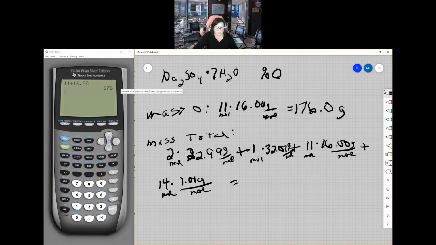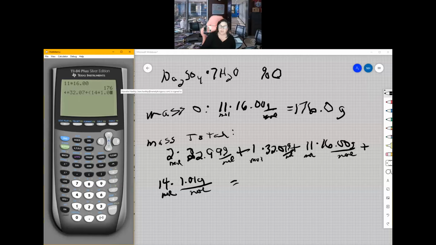And if I do all of that happy math, which I can do over here, I'm going to add what I just had. I'm going to add to that 2 times 22.99 plus 32.07 plus 14 times 1.01.